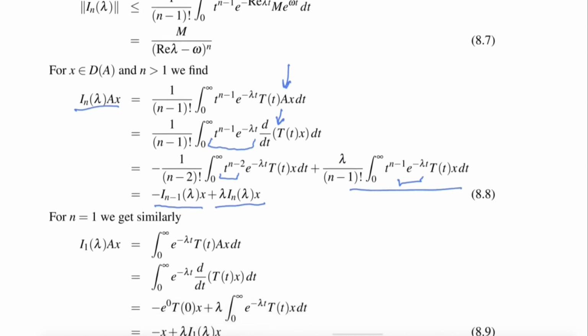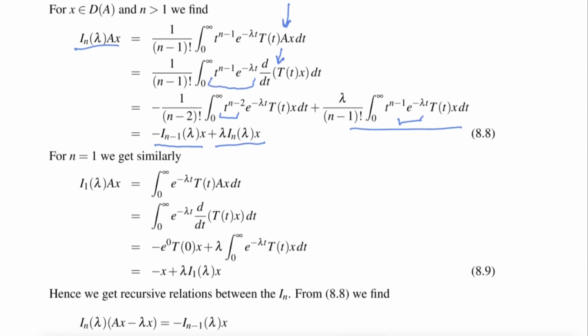Let's do the same calculation for I_1. So if we have a recursion, we want to start somewhere. So let's apply I_1 to A. So the t has an n minus 1. If n is 1, then we have t to the 0, so this is gone. And then we get the A here, which then becomes a time derivative d by dt of T(t) from the fundamental theorem. Again, we do integration by parts. Now we get a boundary term at t is 0, and the other term over here, which again is I_1.